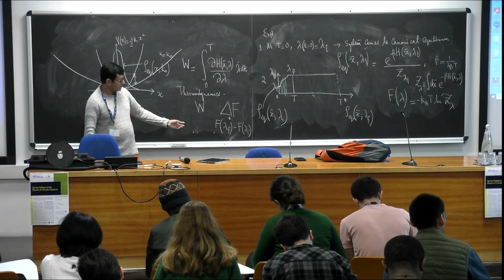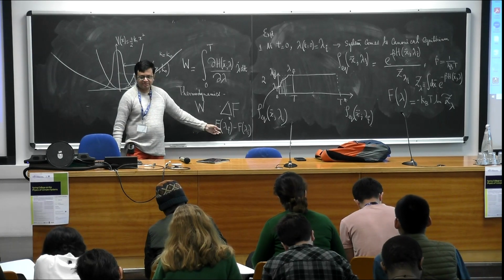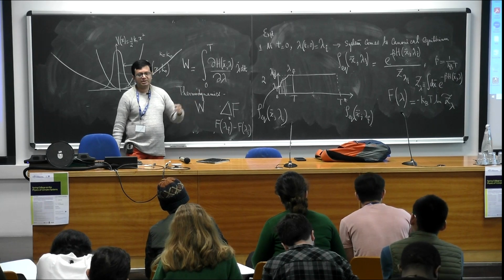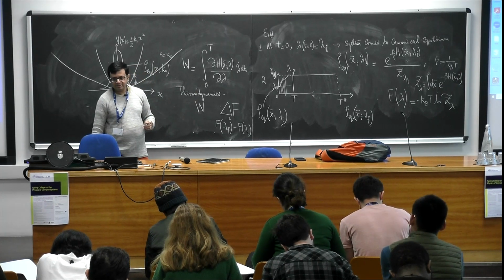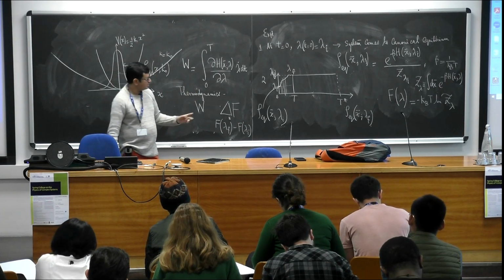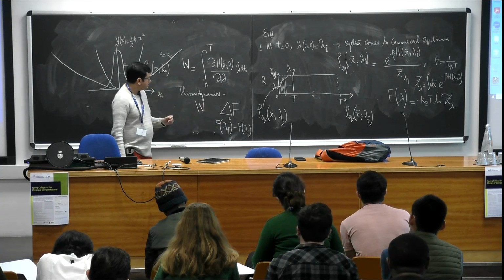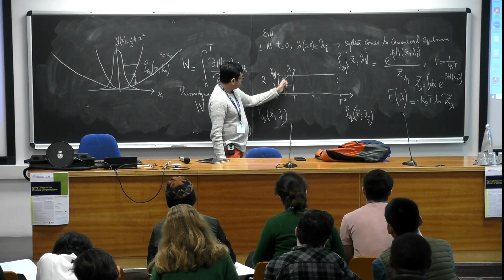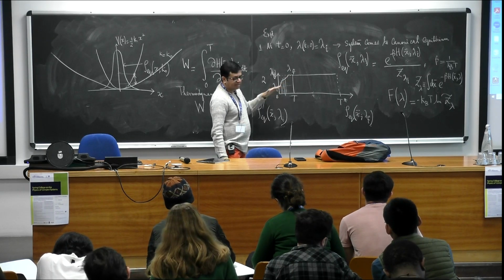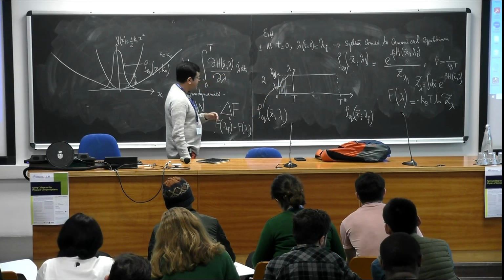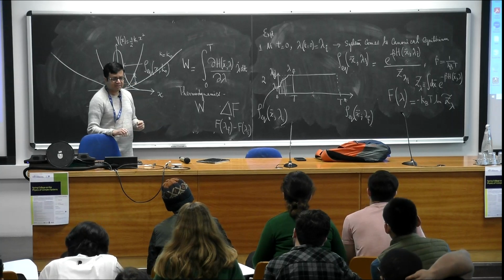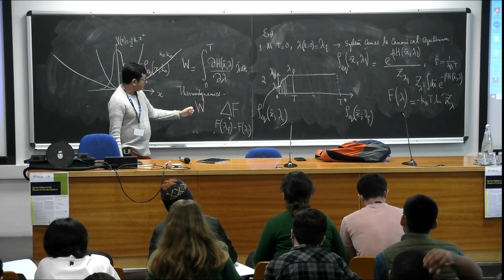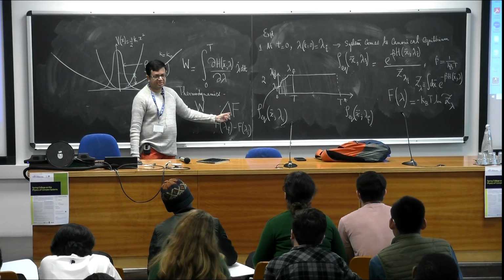Is the definition clear? W and delta F. Delta F is the free energy difference between the initial and the terminal equilibrium state. There are two equilibrium states. This is one energy scale and this is the other. So what thermodynamics tells me is that if I do this change quasi-statically and reversibly, that is, very, very slowly, infinitely slowly in time, then how does this work compare with delta F?